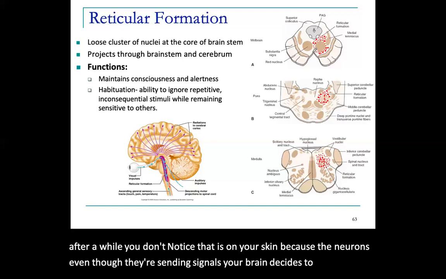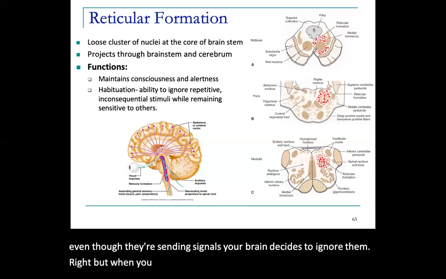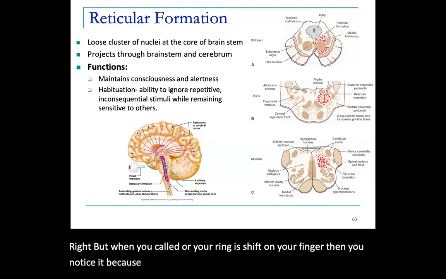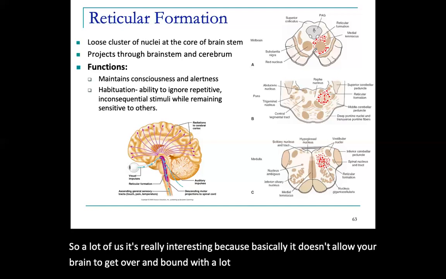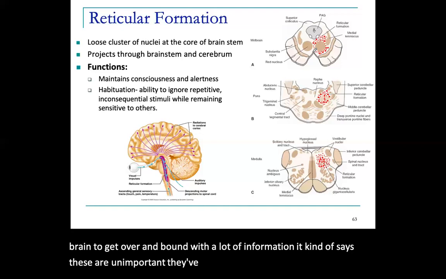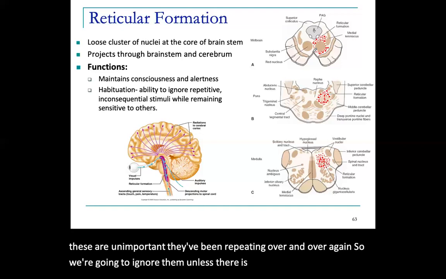But when your ring is shifted on your finger, then you notice it because that original location was changed. It's really interesting because it doesn't allow our brain to get overwhelmed with a lot of information. It says, these are unimportant, they've been repeating over and over again, so we're going to ignore them unless there is a shift or change.